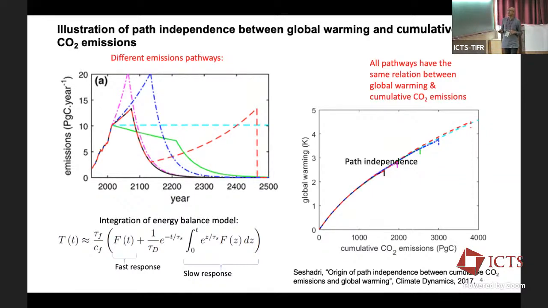Now, another reason for making this equation explicit is we can see then what global warming T of t depends on. Time makes an explicit appearance. That's because of the inertia in the system. There's an integral, and so there's a slow response. But also it depends on F of t. F of t is what's called radiative forcing. You've encountered this in a bunch of lectures in the last couple of days.